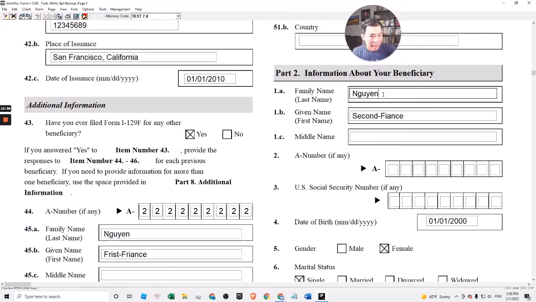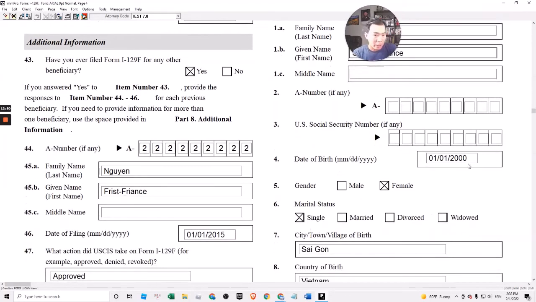So her last name, I mean, when I say her, it's me because I'm a man, I say her. So your fiancé's last name, your fiancé's first name, social security number if any, date of birth, male or female. Remember, with the USCIS, you can sponsor a same-sex fiancé.